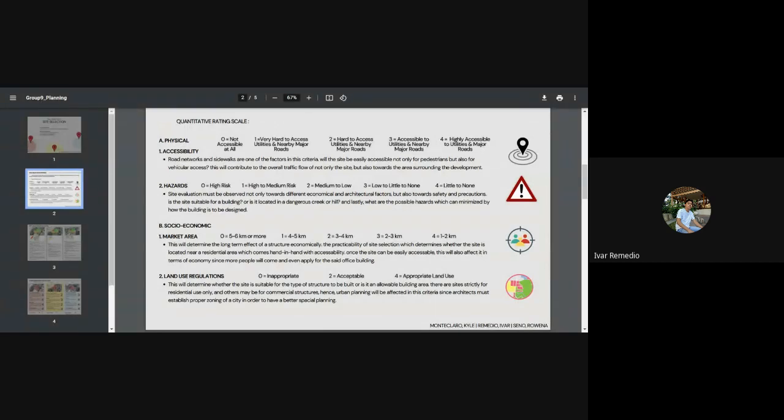The first is accessibility, which covers road networks and sidewalks, vehicular and pedestrian circulation, and hazards. Then market area, which determines whether the site is economically viable and practicable, and whether it is located near a residential area. Next is land use regulations, whether the site is suitable for an office building, or whether it is allowed to build there.